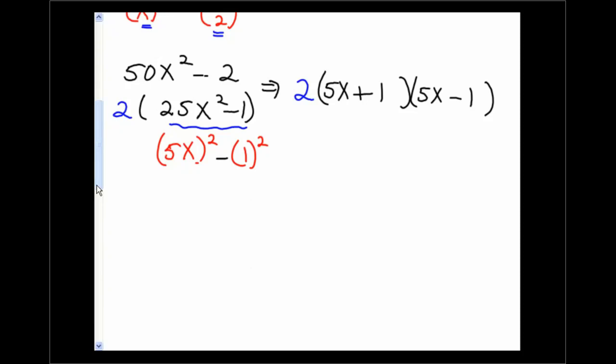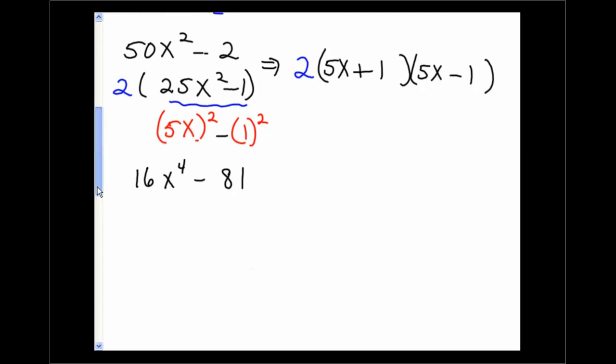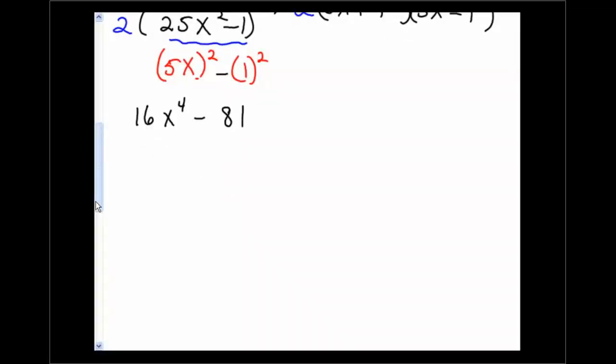Last example will be 16x to the 4th minus 81. Now this problem is a little different because we have x to the 4th, but it's still a perfect square because 16x to the 4th is a perfect square for 4x squared. 81 is a perfect square for 9.